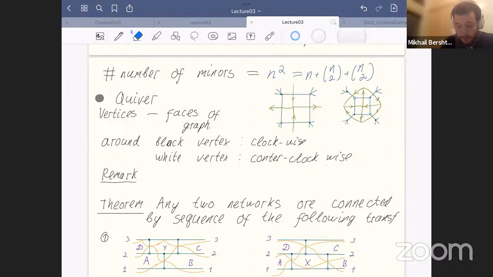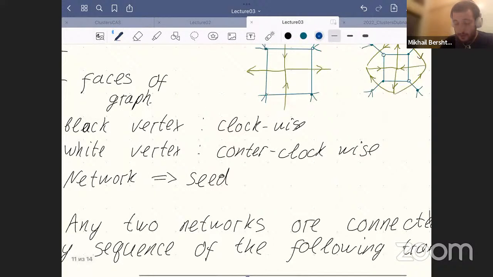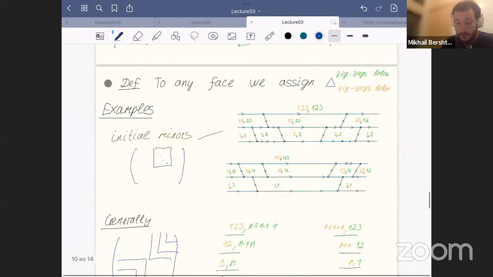To any network, we assign a seed, which consists of this quiver Q, which you construct here, and deltas ij, which we defined here.